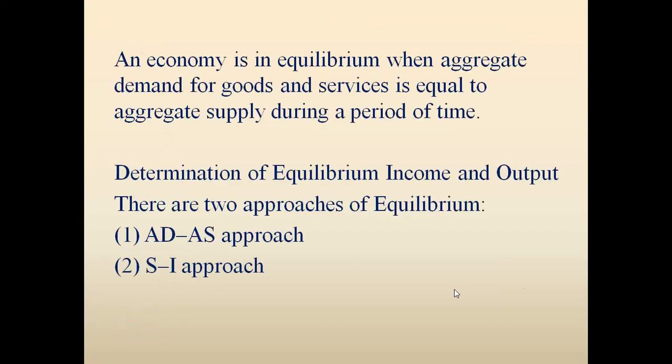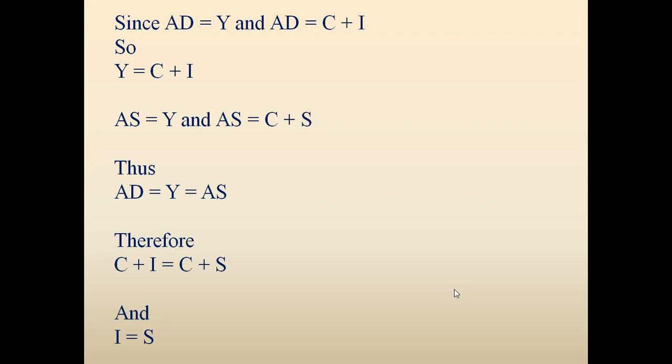Before we continue with the equilibrium section, we just have to understand these few points. Your AD, that is your aggregate demand, is expressed in terms of the money value, and that is also equal to your income.